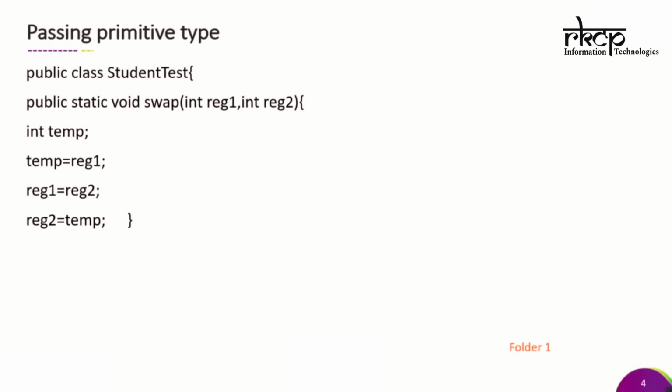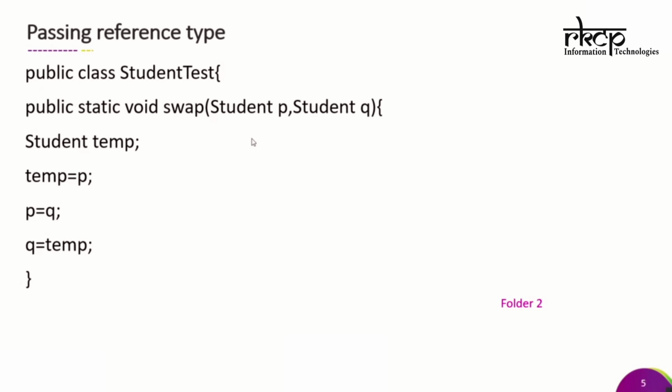Like in this example, if you see here, I have one swap method. Inside this swap method, I'm going to pass two parameters as integers. It is your primitive value. This is your pass by value concept. If you call the swap function, there you will pass two parameters as integers. In the second scenario, the same swap function I'm using here, but I'm going to pass two references of a student.